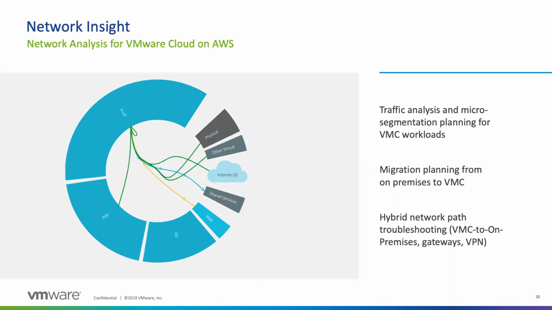So we see a lot of customers moving from a standard vSphere environment with no real microsegmentation. And when they move to VMware Cloud on AWS, they implement zero trust. And so they only allow the services that need to talk east-west inside the data center. And so this is a great time to make those kinds of changes and really implement those to increase the security of your environment.